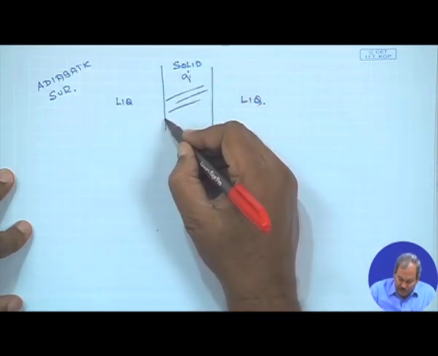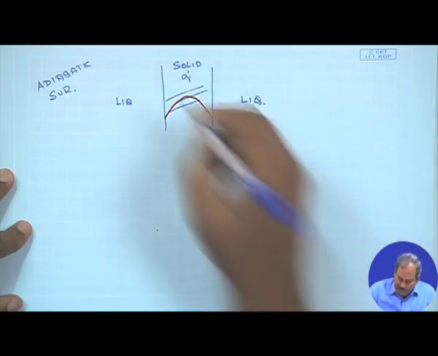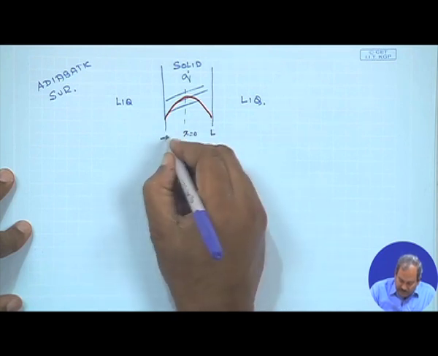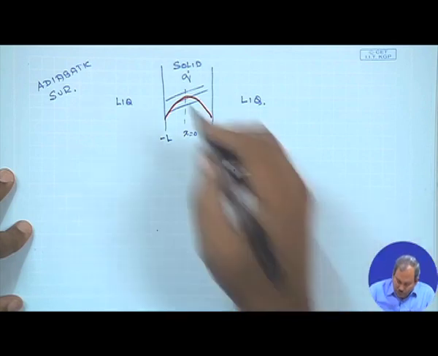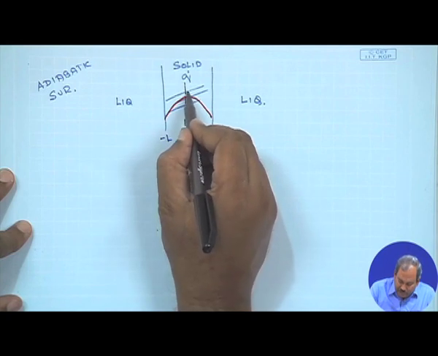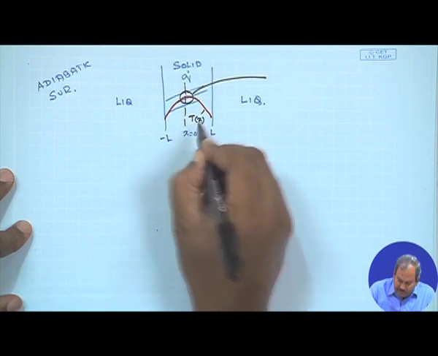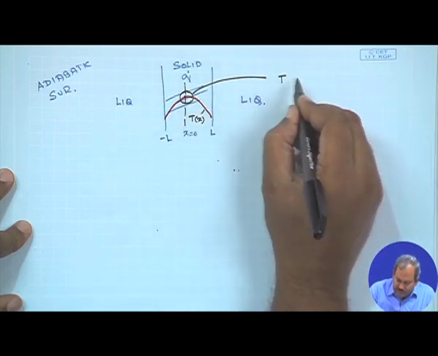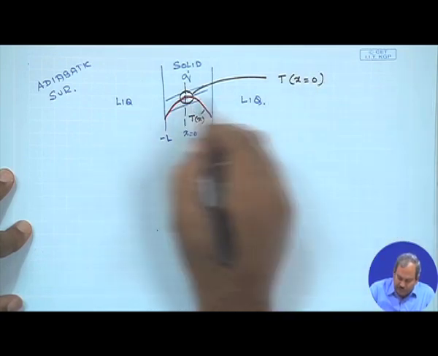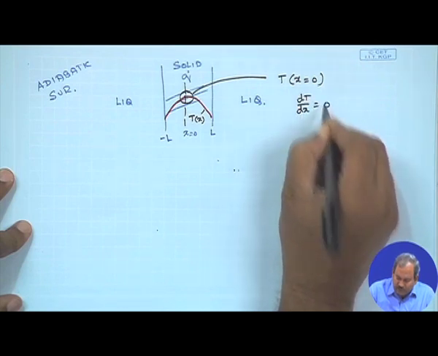I would show you later on, but the profile would look something like this, with the central line passing, let us say this is at x equals 0, this is at x equals L, this is at x equals minus L. When you consider this plane located at x equal to 0, this is your temperature versus x profile. At this point, T at x equals 0, if you see close to this location, dT dx is equal to 0.